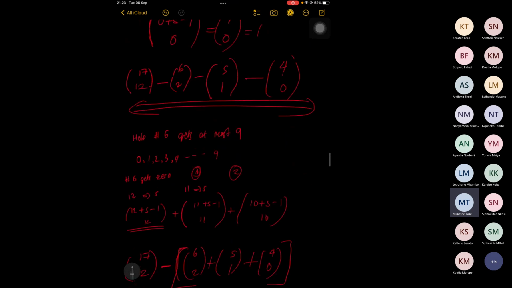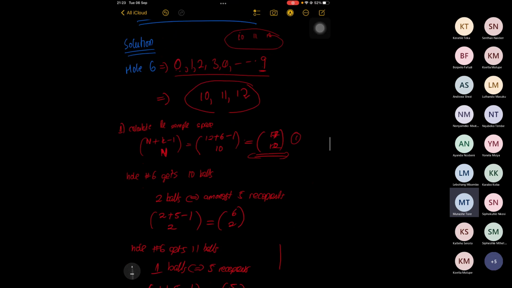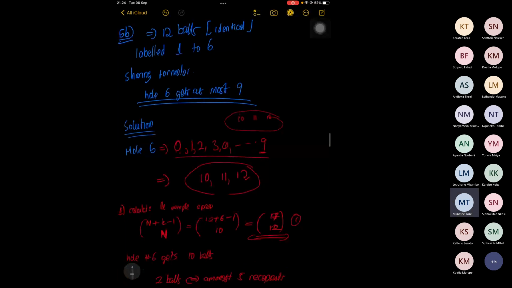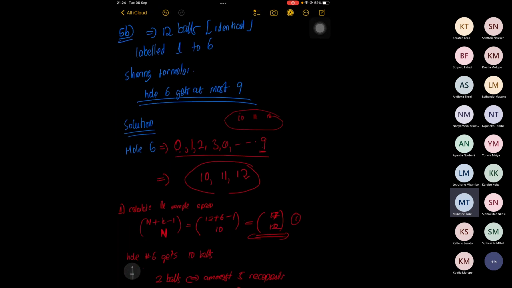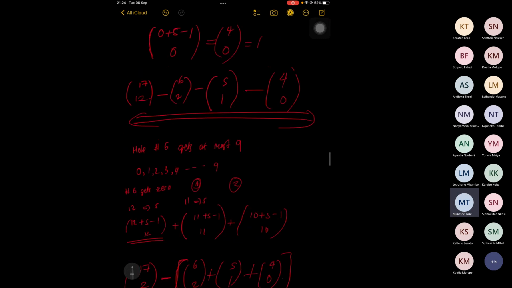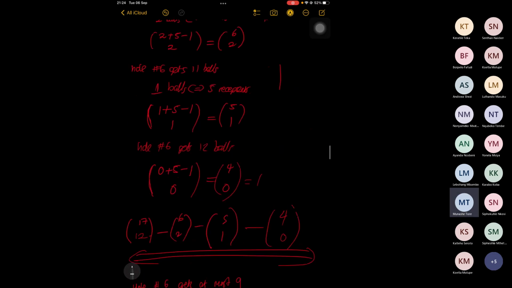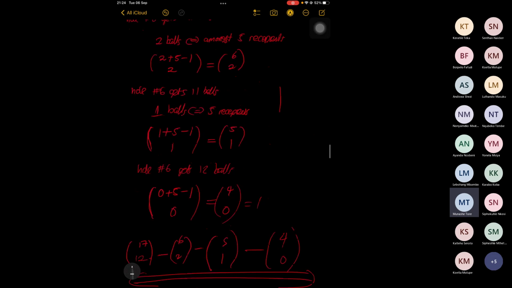Okay, like this one: we have 12 balls labeled 1 to 6, and in how many different ways can all 6 get at most 9? So let's assume the question is, what is the probability that all 6 get at most 9? Then you do this computation here, everything that we did yesterday.